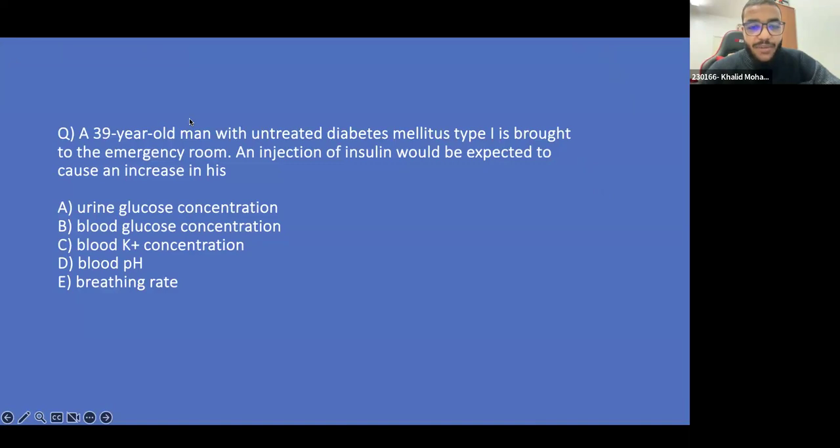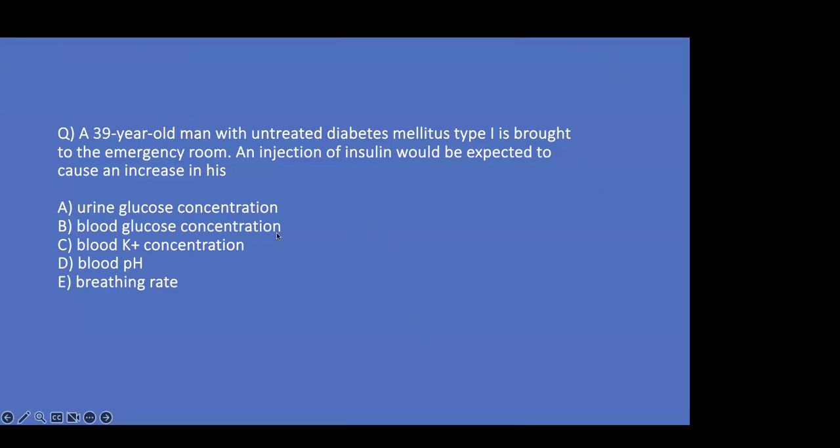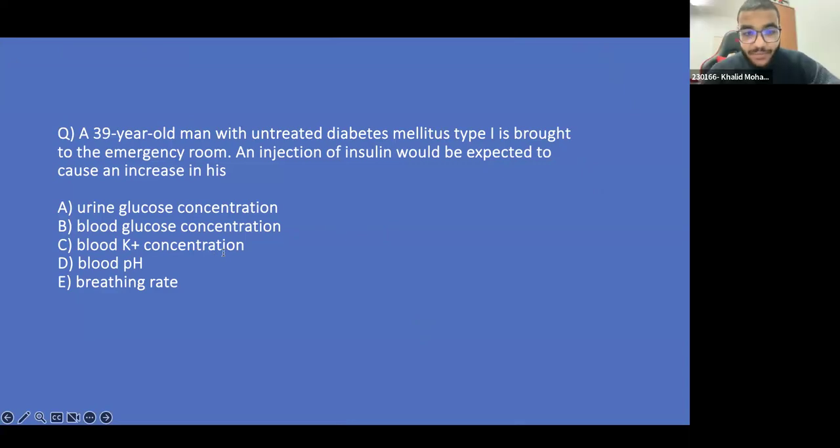A 39-year-old man with untreated diabetes type 1 is brought to the emergency room. An injection of insulin would be expected to cause an increase in his... C. You have a C? Any other answers?